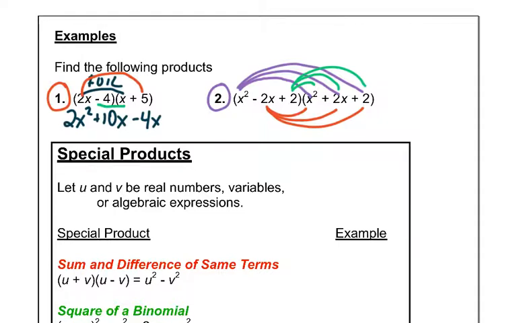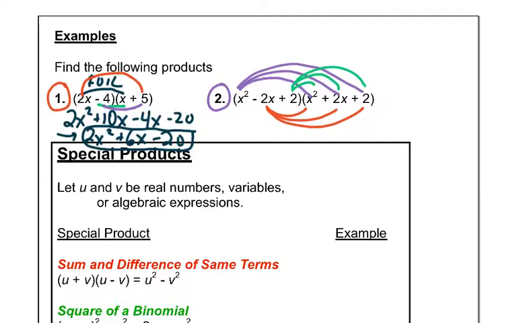And the lasts would be the negative 4 and the 5, which would be minus 20. I do see some simplification in the inside terms, so 2x squared plus 10x minus 4x would be positive 6x minus 20. There's my trinomial of degree 2 with the leading coefficient of 2.